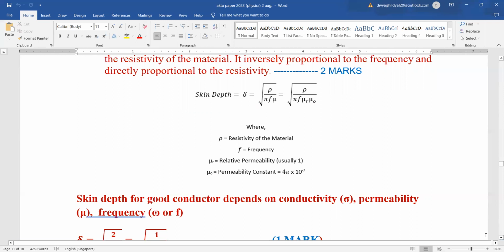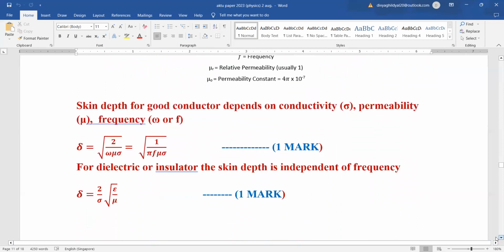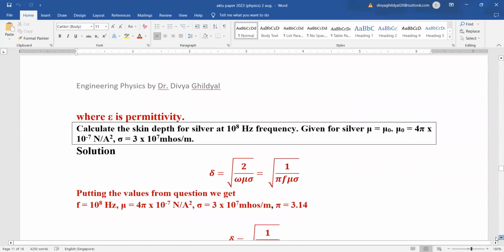The skin depth for a good conductor, where conductivity is sigma and permeability mu, and frequency omega or f, is given by del equal to the square root of 1 upon pi f mu sigma. For a dielectric or insulator, the skin depth is independent of frequency, and del is equal to 2 upon sigma times the square root of epsilon upon mu, where epsilon is permittivity.